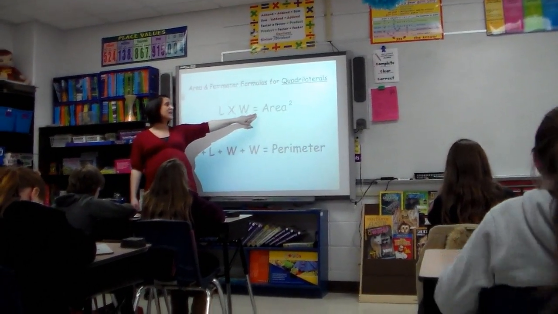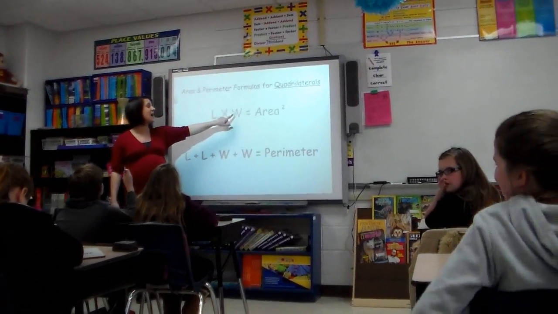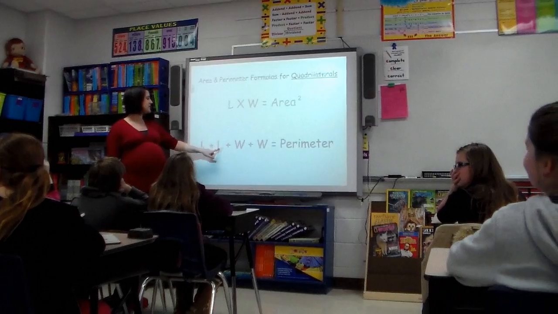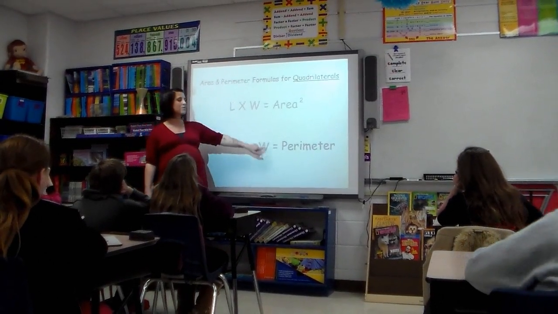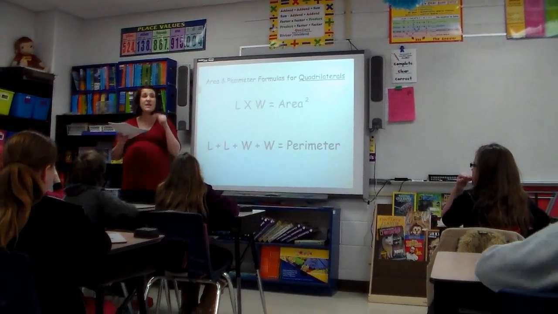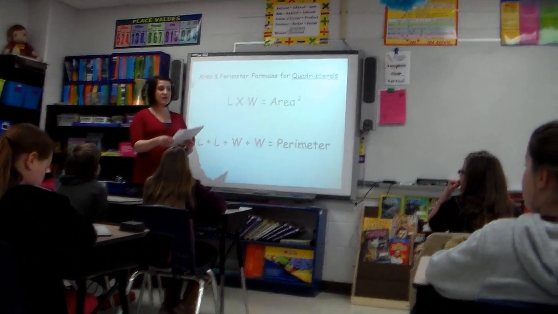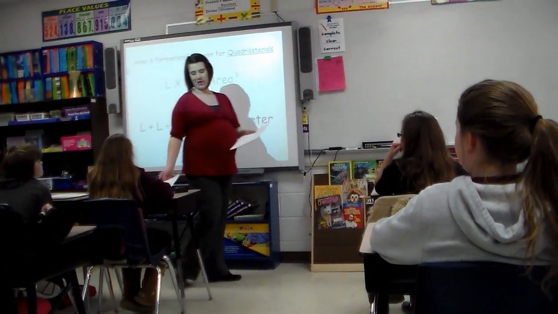To find area, you do length times width, and to find perimeter, you do length plus width plus width. Thank you. So I'm going to give everybody one of these so you can use it during these practice problems we're getting ready to do.